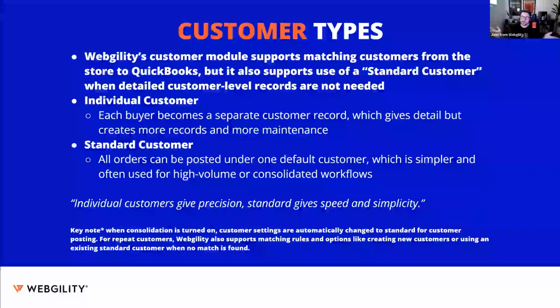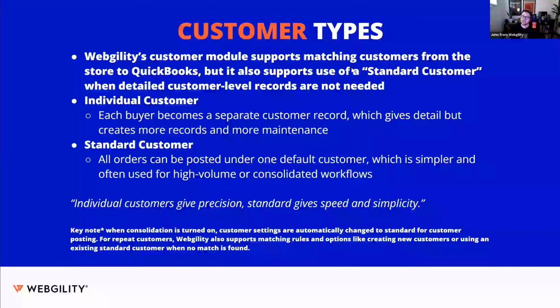Some workflows might require that you use a standard customer, or, in the same line of thinking we used for group posting or single transaction posting, you might opt for a standard customer because you don't care about that customer information. You just want everything to go to a bucket where you don't have to worry about your company file getting bloated. If it's all handled on Shopify or Amazon, you don't need to worry about that.